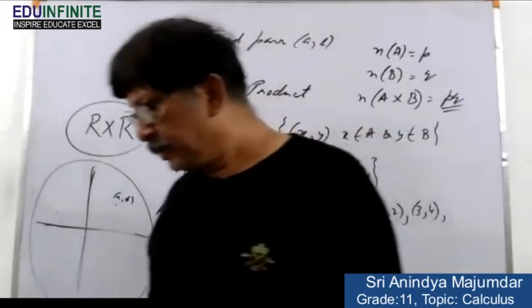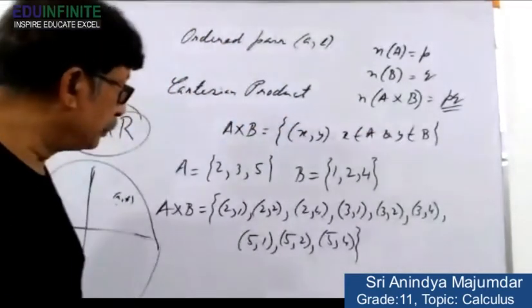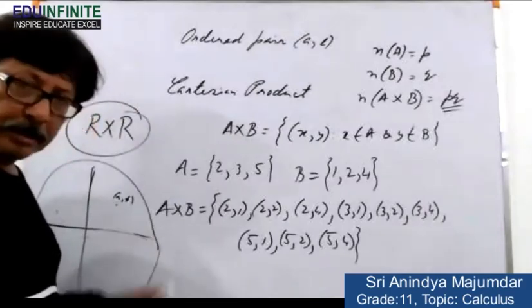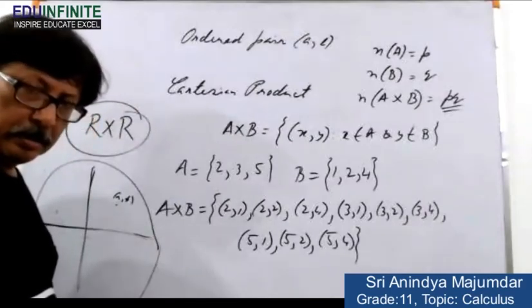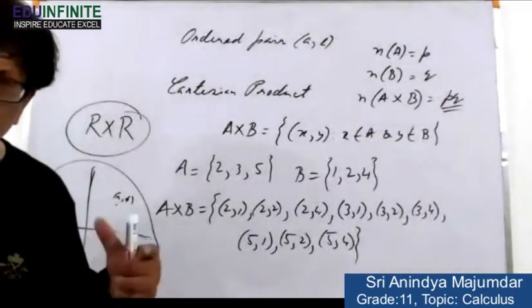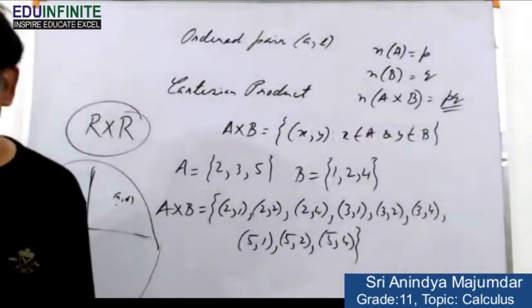Now, from the Cartesian product A cross B, I try to generate some subsets.